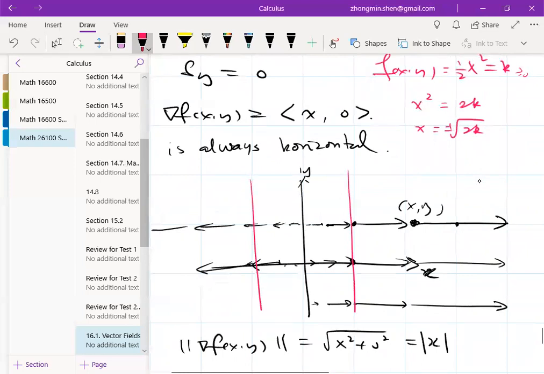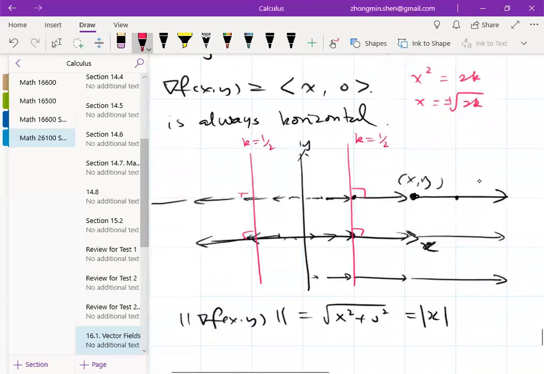Right? And this will be when k equals 1/2. When k equals 1/2, you get a pair of vertical lines. Okay, so it's not a surprise the gradient is perpendicular to the level curve.